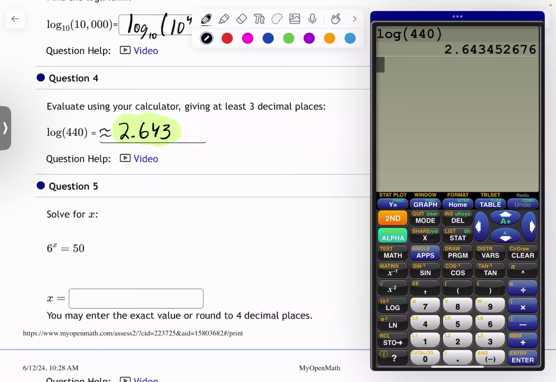All right, now question 5. Notice that the 6 to the x, I can't match that up with 50, meaning I can't make 50 turn into 6 to a power. So I'm going to apply one of the rules that I talked about before. I'm going to take the natural log of both sides. So I get the natural log of 6 to the x equals the natural log of 50. And I'm going to use our third transformation rule, and I'm going to bring that x down.